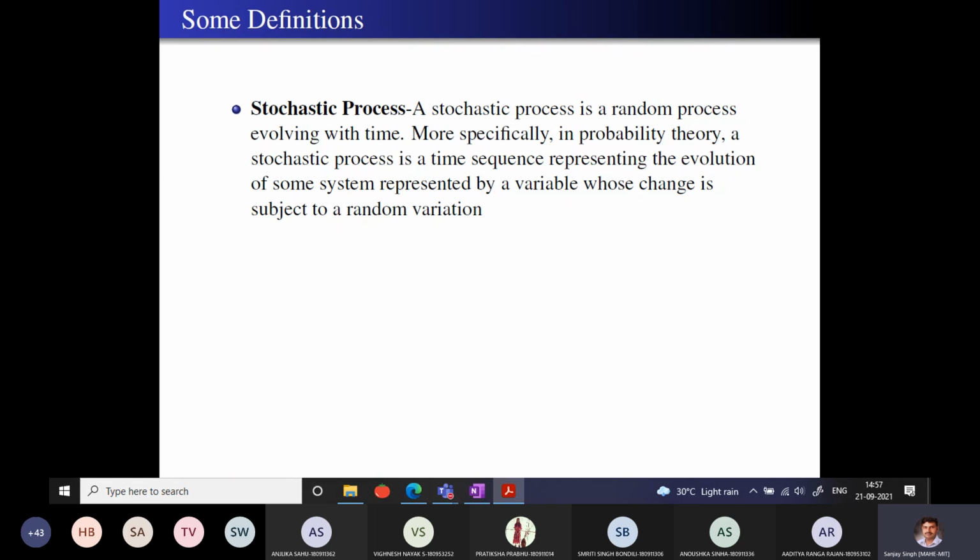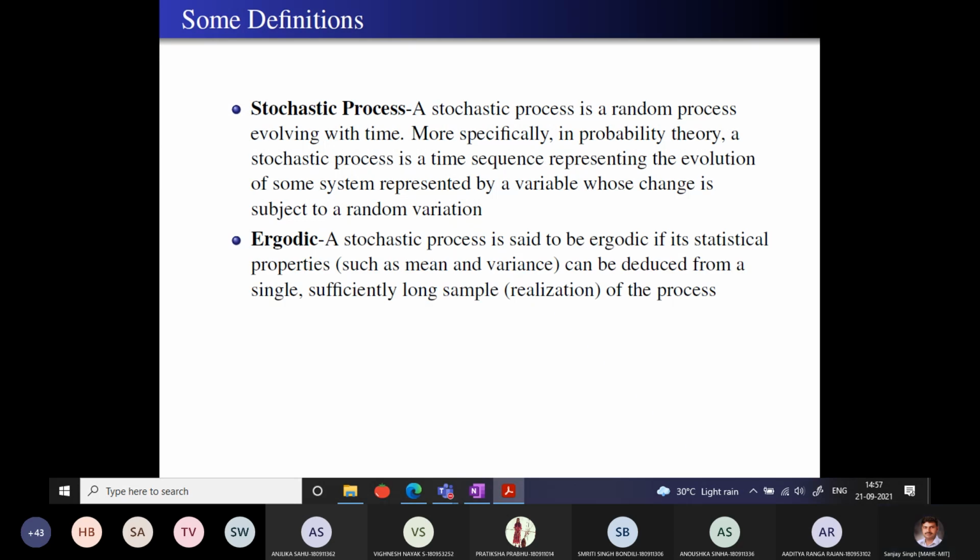It is subjected to random variation because we cannot say how many heads will come if I'm tossing two coins at a time and in a sequence. I cannot say that one will come, none will come, or two will come. It's quite random variation. Such processes are called stochastic processes, or you can say some sort of probabilistic process.